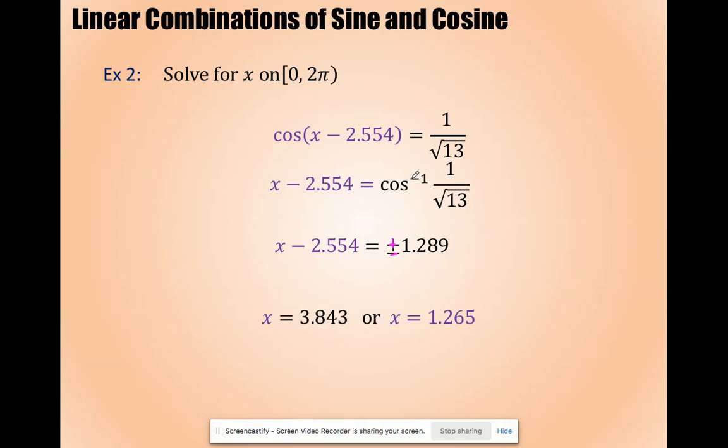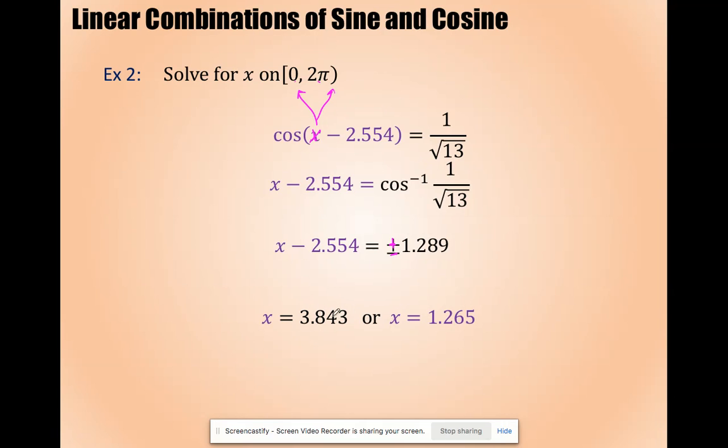Now this is different. If I just asked you to evaluate inverse cosine, you are restricted to quadrants 1 and 2. But I'm not asking you to evaluate inverse cosine. You are using inverse cosine to solve for the x that you can put in here, where x is between 0 and 2 pi.